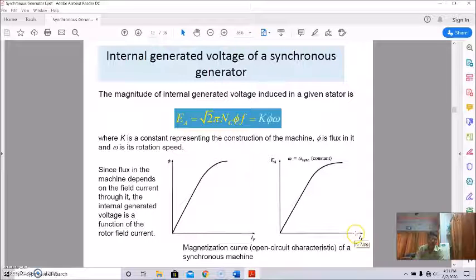This is the field current generating the field flux or main flux, and this is the excitation EMF or armature EMF when the machine is rotating at synchronous speed. This is the magnetization curve, sometimes called the open circuit characteristic of a synchronous machine. Since the flux in the machine depends on the field current, the internal generated voltage is a function of the rotor field current.